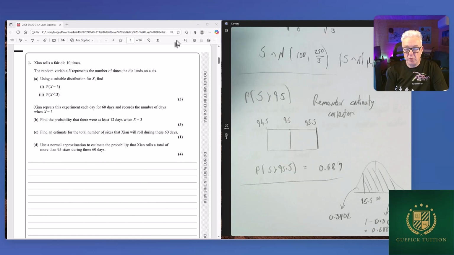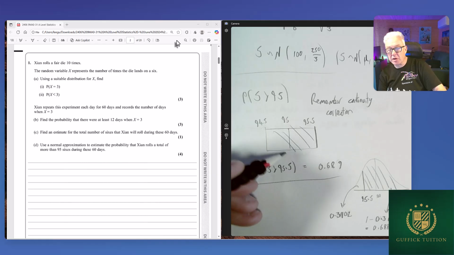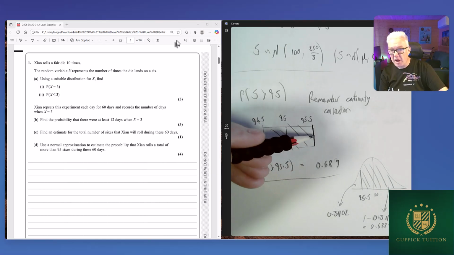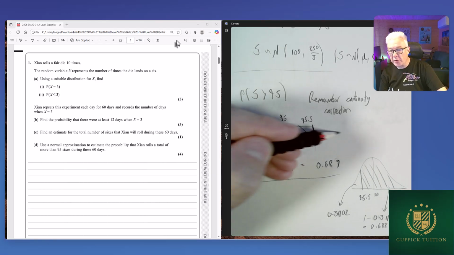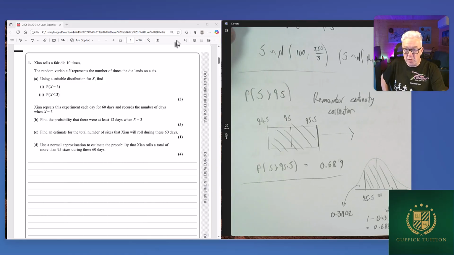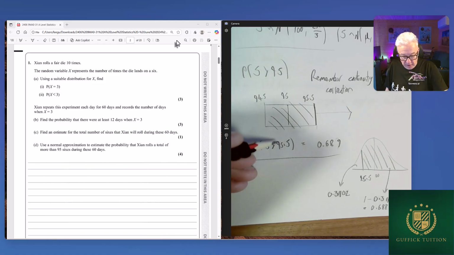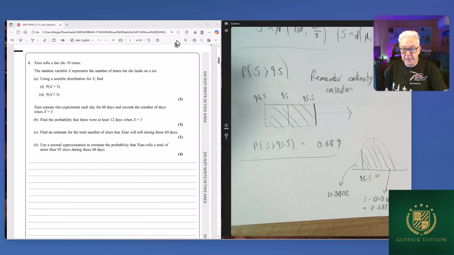We're looking for the number of times that it's greater than 95. So that means we want to get rid of everything that's got anything to do with 95 and just start from the upper bound upwards. So in our normal distribution, when we apply our continuity correction, we're going to be dealing with 95.5.